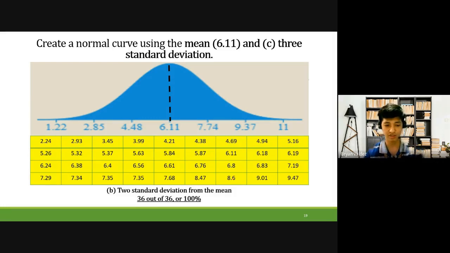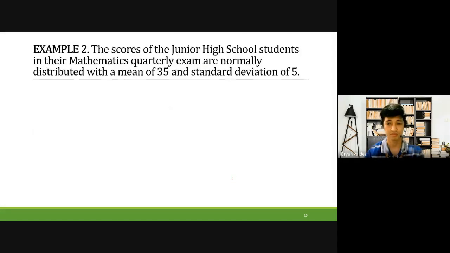So 2 standard deviation, sorry, it's not 2, it should be 3. And then that should be letter C. So 3 standard deviation from the mean is 36 out of 36 or 100%. Meaning to say, all the data presented are now included in our normal curve. Nakuha po ba yon?